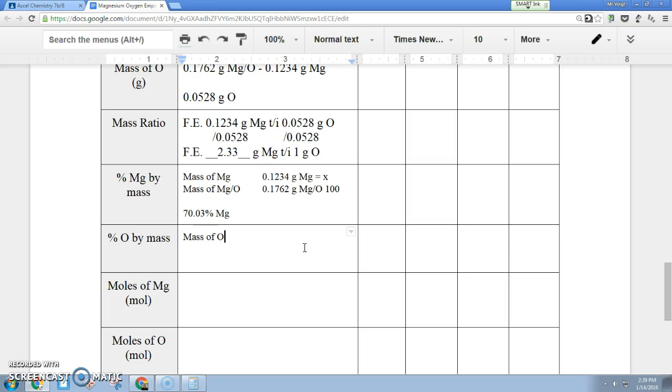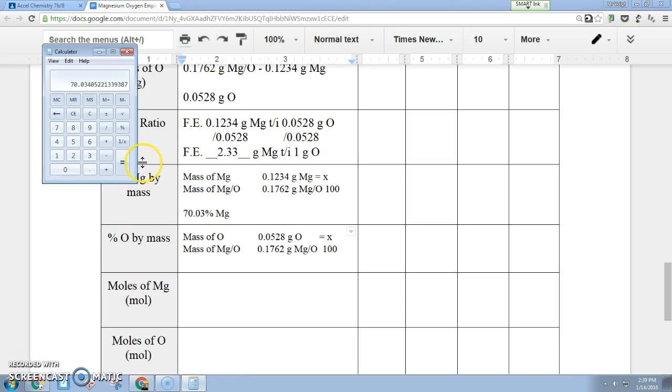So mass of oxygen over mass of the total thing, my part over total: 0.0528 grams of O over 0.1762 grams of magnesium oxide, which is everything all together, equals X over 100. So it should be 29.97.